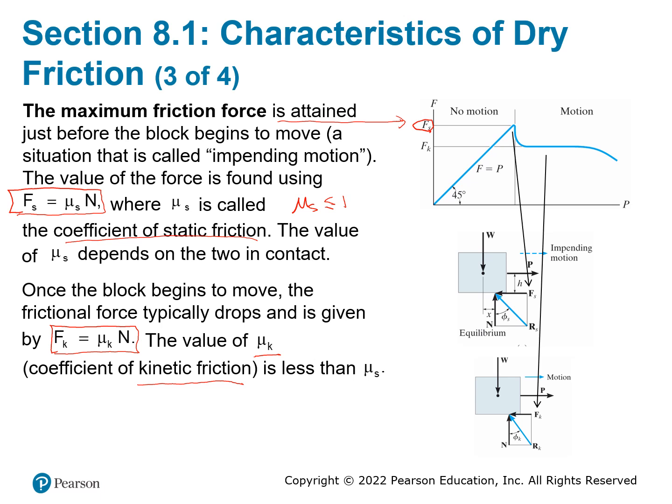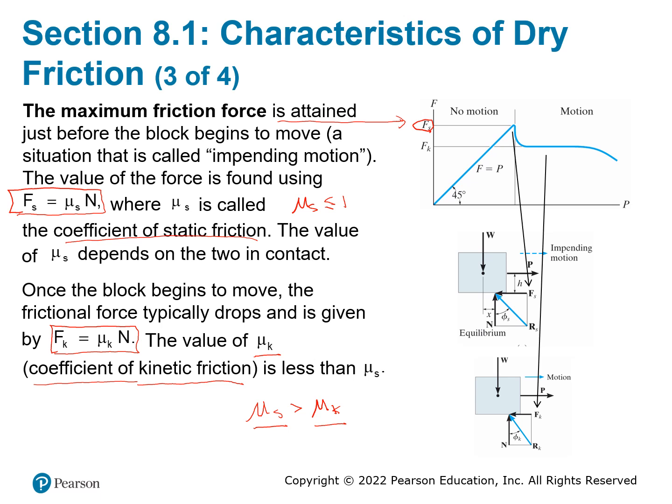That is not the same as mu s. The mu s normally will be greater than the mu k. So this coefficient is going to be larger than your kinetic friction coefficient. And those are the two most important things that you need to know.